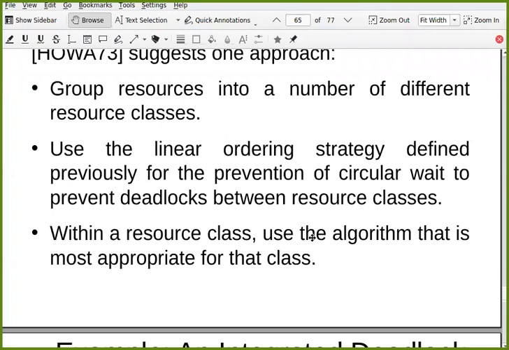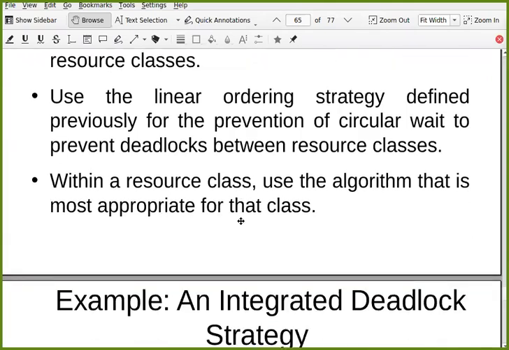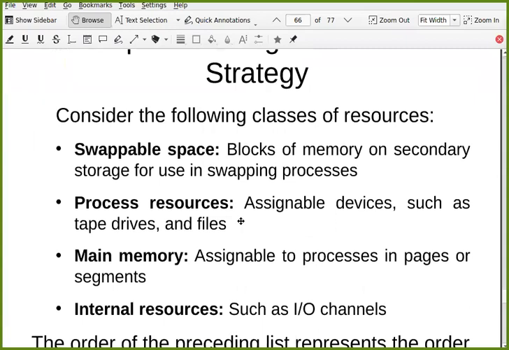So we create different classes or groups of resources, and between these groups we use the prevention strategy, making sure there is no circular wait by applying linear ordering between the resource classes. And within each group, you can use detection, prevention, or avoidance, whichever is suitable.